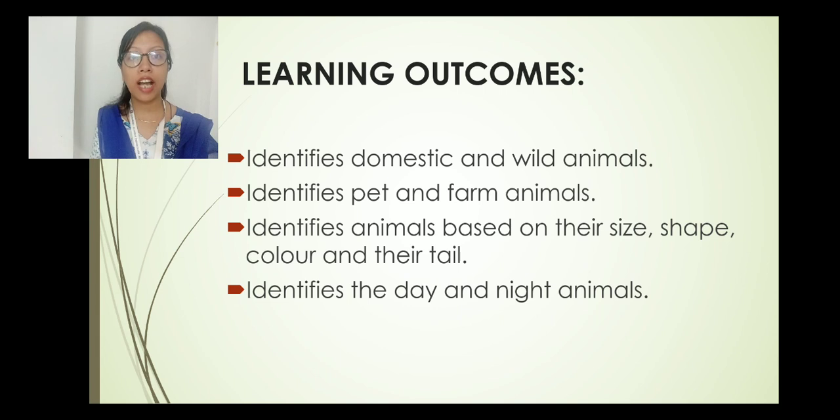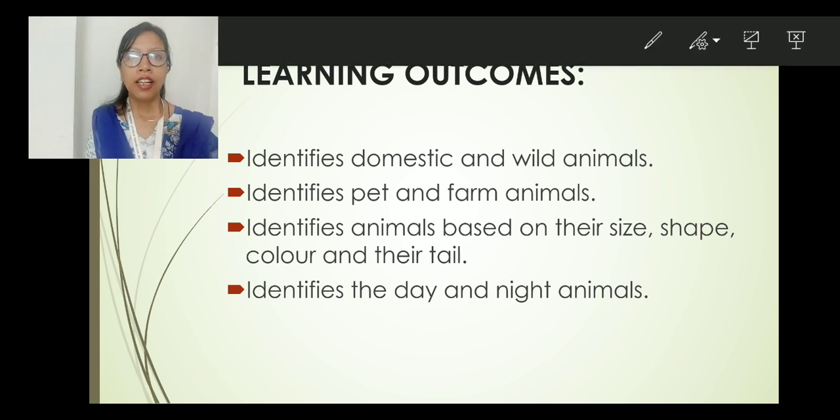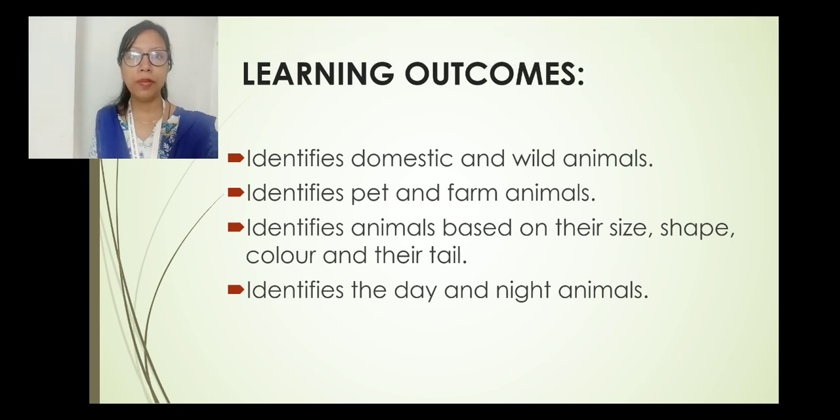Then you can identify the pet and farm animals, identify animals based on their size, shape, color, and their tail. Then identify the day and night animals. So these are some of the outcomes that you will be able to achieve after the completion of the lesson. Now let us move towards the book part.